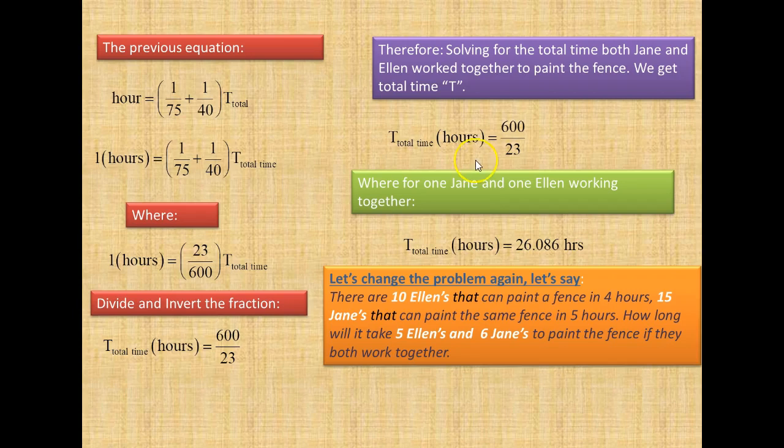Now, let's change the problem again. Let's say there are 10 Ellens that can paint a fence in 4 hours and 15 Janes that can paint the same fence in 5 hours. How long will it take 5 Ellens and 6 Janes to paint the fence if they work together?